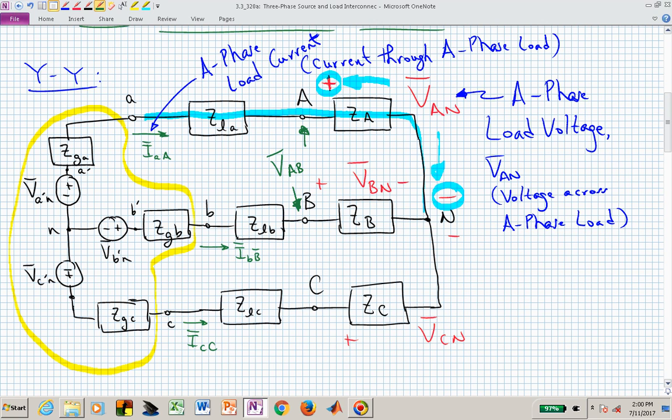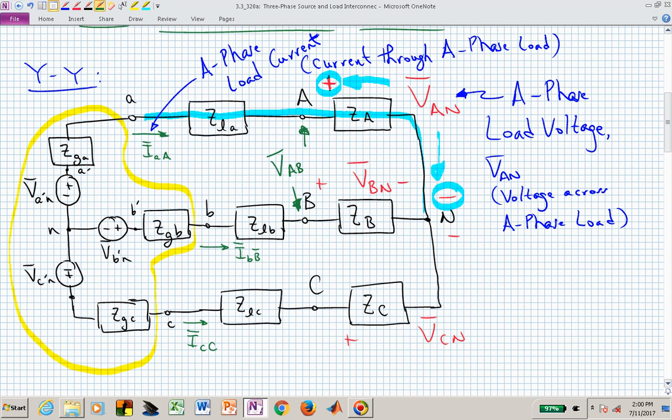So in this case, the A phase load voltage, V sub AN, is not the same as the voltage dropped across the load terminals, capital A and capital B, which is V sub AB, and we might call that the line voltage at the load because it's between the transmission lines.